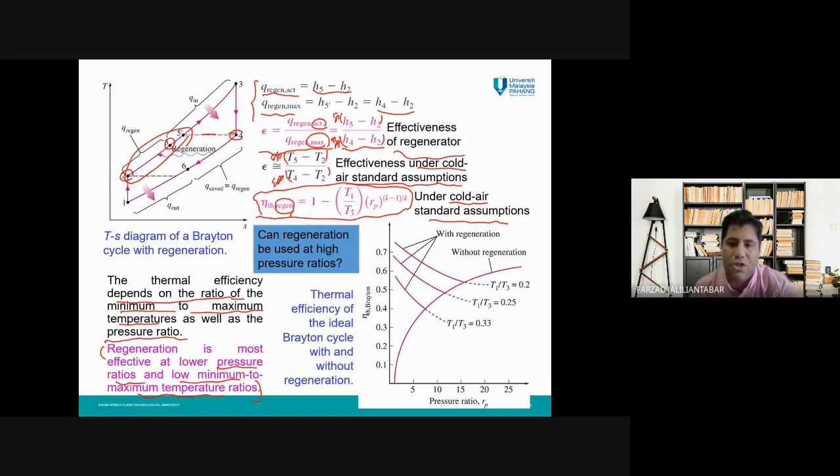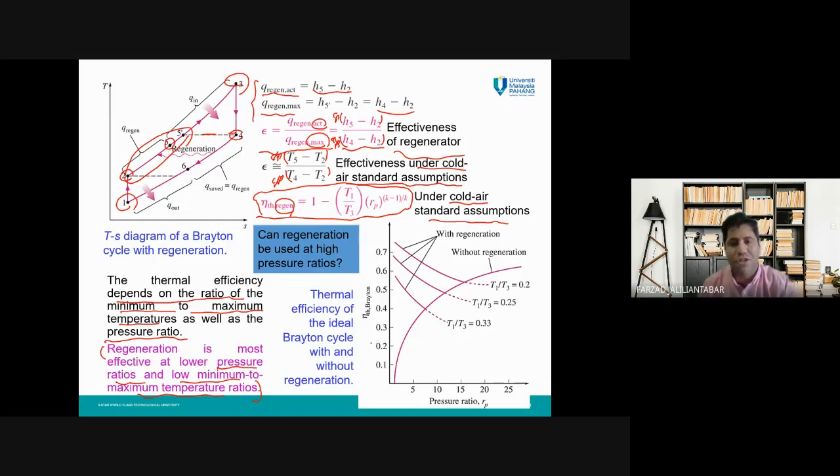In this equation, if we reduce T1, the minimum temperature, or increase T3, the maximum temperature, then we can increase the thermal efficiency of the Brayton cycle with regenerator. And you can see a difference between the Brayton cycle with and without regenerator.